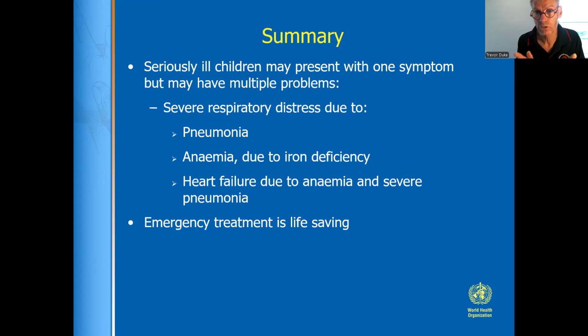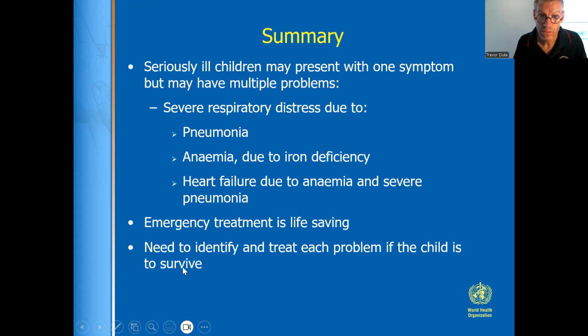Giving a relatively small amount of oxygen by nasal prongs can bring a child's saturations up from 48% to 98%, or 49% to 98%. And it just showed you how giving a small amount of treatment can actually make a big difference. And with Ratu, all the treatment he needed was relatively straightforward and relatively simple and can be done at a district level hospital or a first level referral hospital.